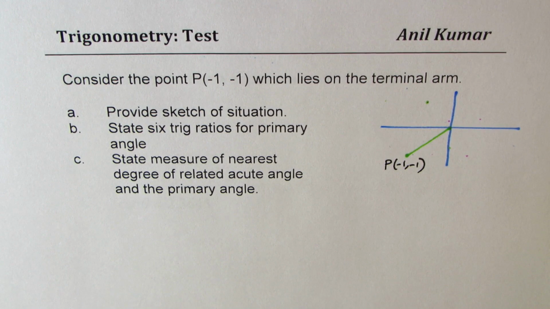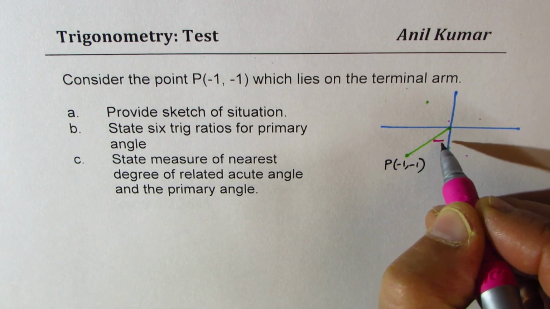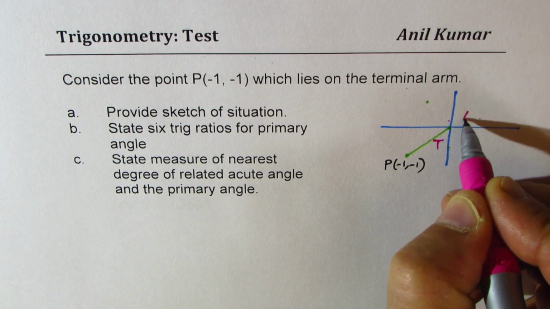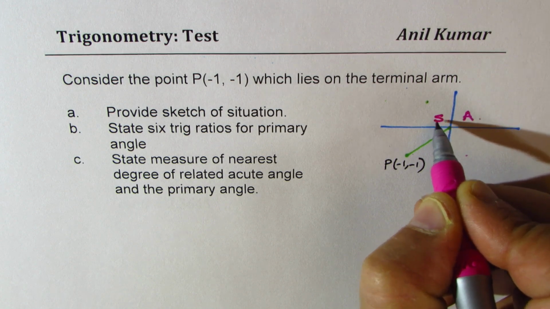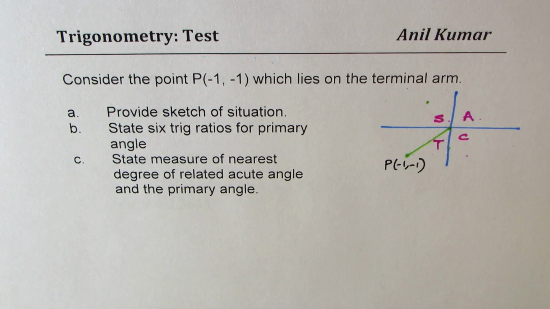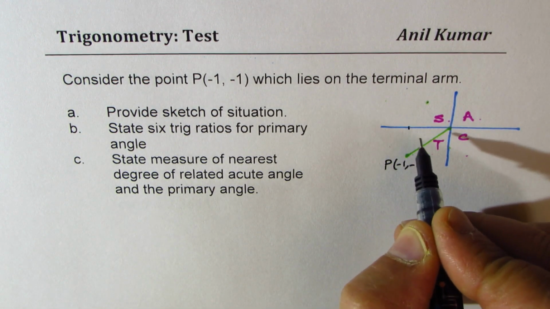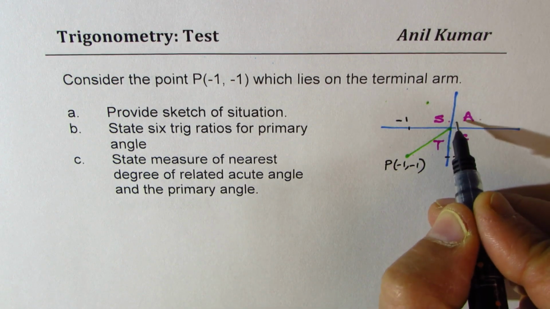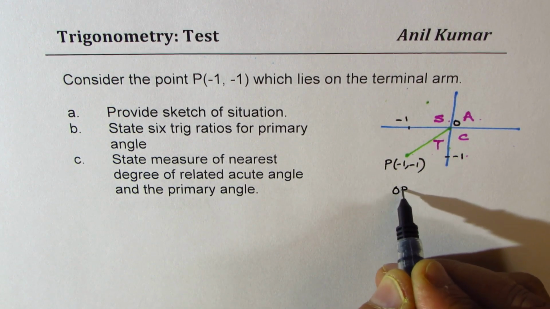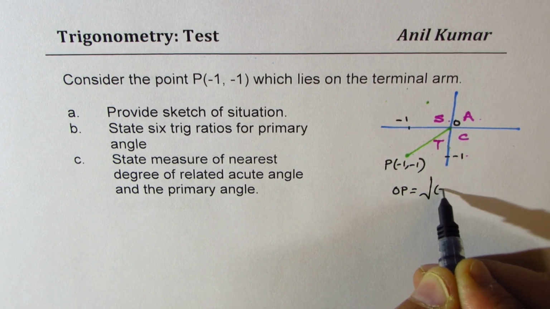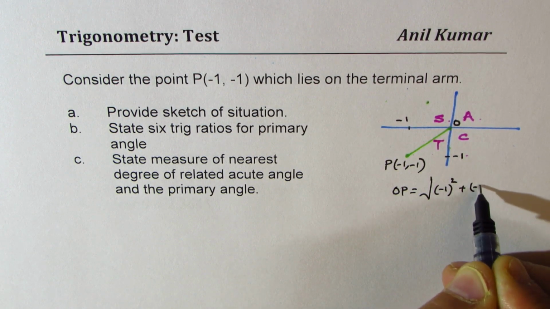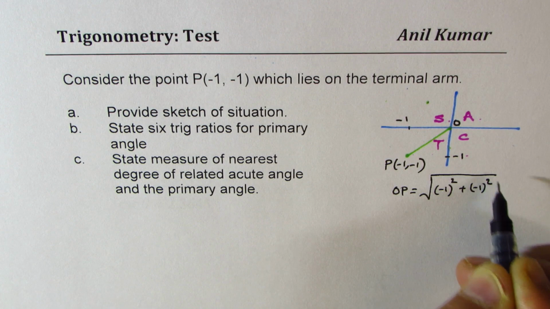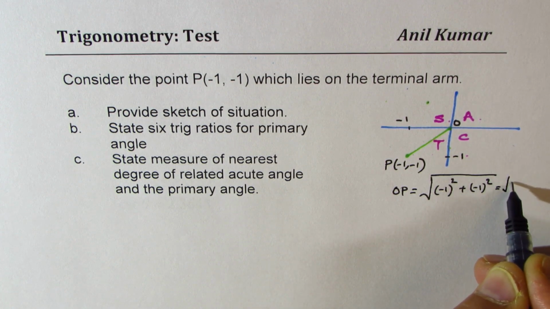Since we are in quadrant 3, only tan is going to be positive and sine and cosine will be negative. In this case, OP is equal to square root of (-1) squared plus (-1) squared, which is square root 2.